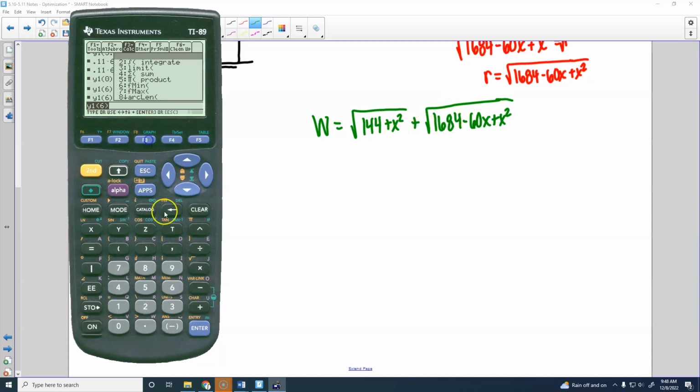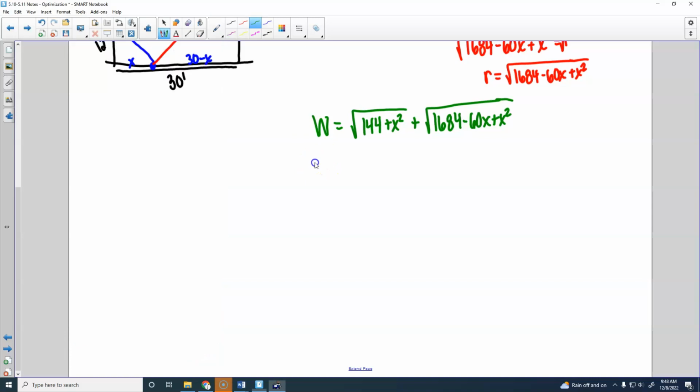To take my derivative, I can tell it derivative y1 of x, comma x. And so I get all of this.